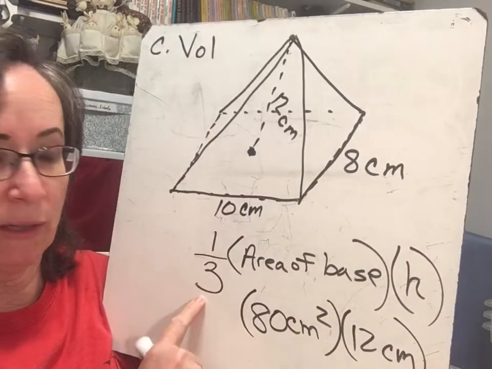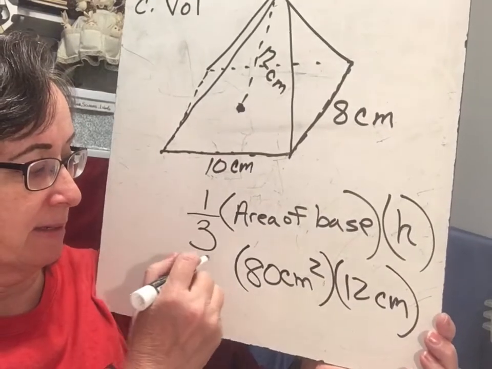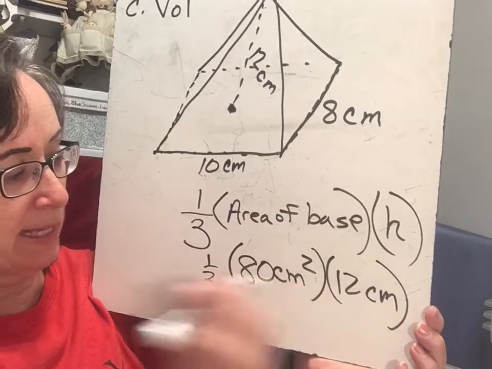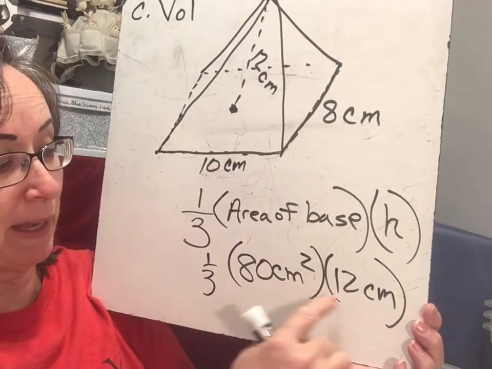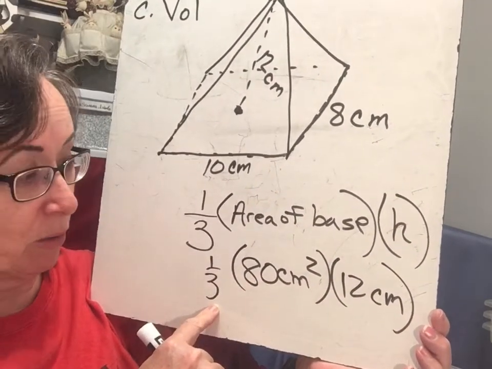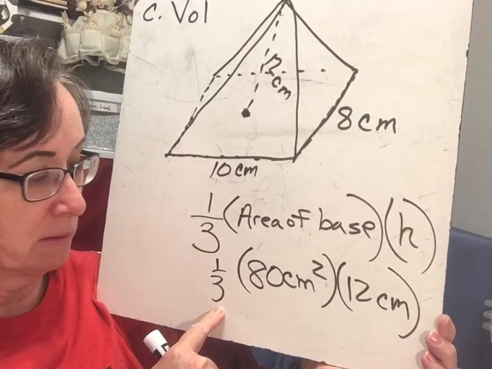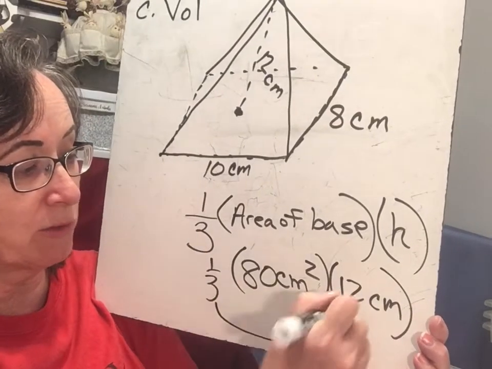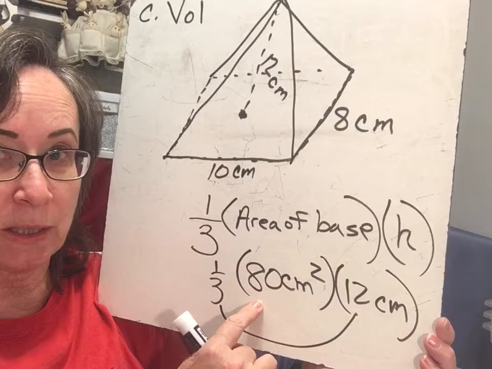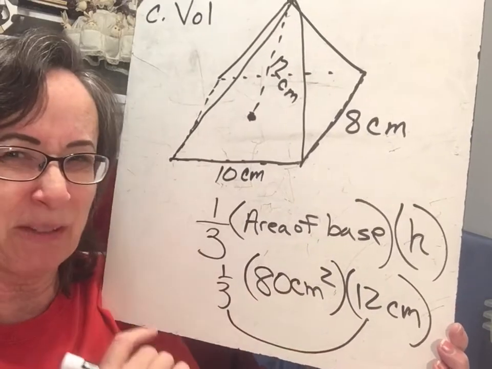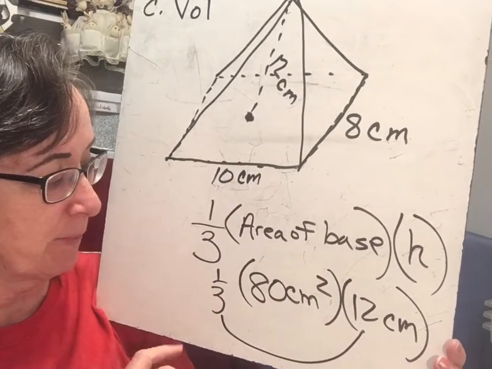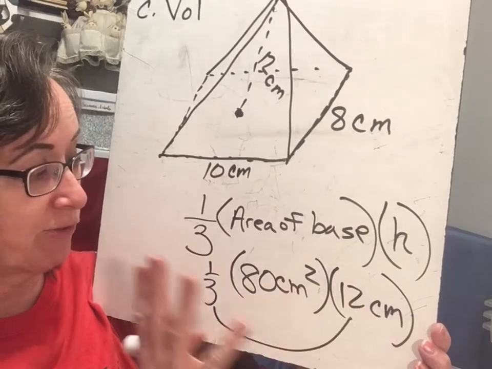and 1/3 of that. So 1/3 of all of that. Now, we can multiply these together and then take 1/3, or we can take 1/3 of 12, which is 4, and then multiply that by 80. That's the way I'm going to do it because it's easier. So 1/3 of 12 is 4.